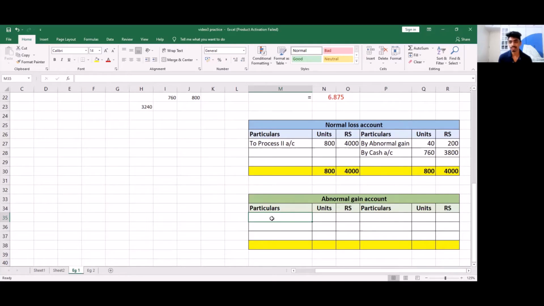This transaction is nothing but from the normal loss account. On the normal loss account, we have it as By abnormal gain, so on the abnormal gain account we will mention this as To normal loss account. The units and the amount will be the same as it is the same transaction.